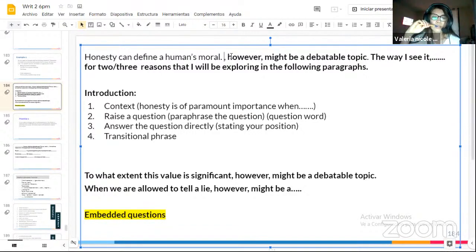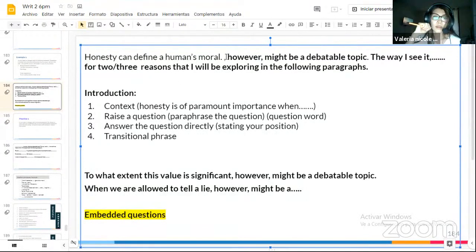I can say it, one sentence before, however. Yes, however, might be a debatable topic. It's going to be part of the sentence. You just need to introduce the question there. So how honest we should be, however, is a debatable topic. It's something that you can debate on. You know? Yes. So in this part, I can use embedded questions yes, for this exercise. Ah, okay.